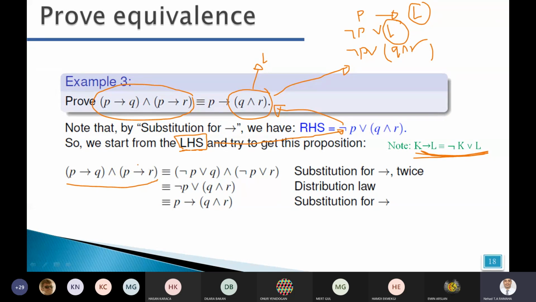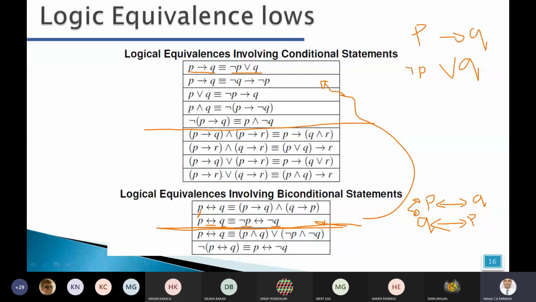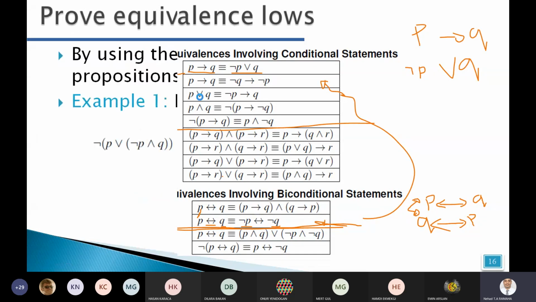First, if you have an implication, you need to change it to and or something like this. So we can use the substitution law.